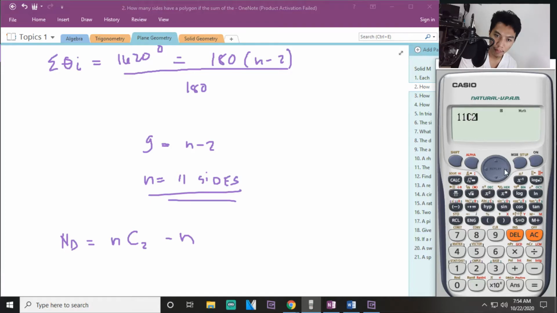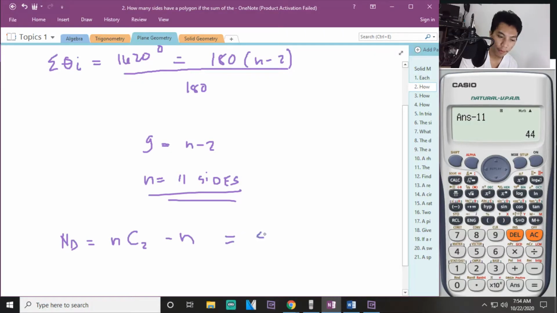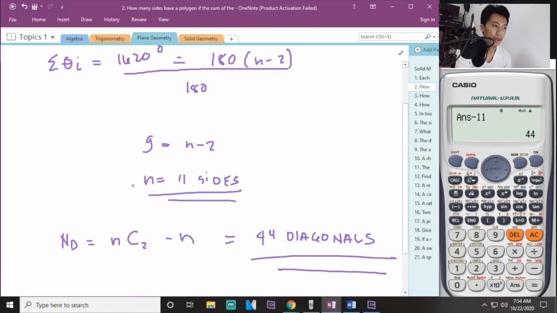Okay. Yan. Tapos minus n. n is number of sides, 11. So, the number of diagonals will be 44 diagonals. Yan. Okay? So, ganun lang kadali ang sum of interior tsaka diagonals.